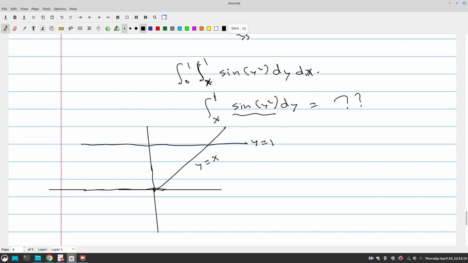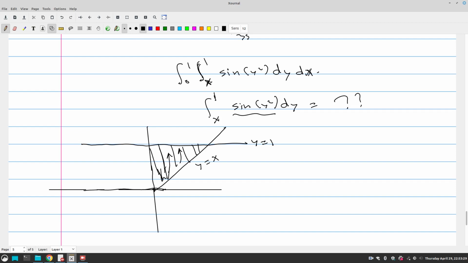So when it goes from x to 1, this is the region, and the arrow that you draw to indicate the integration, this is the arrow, right? When you go from x to 1.